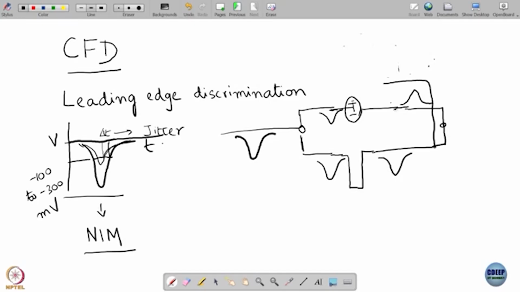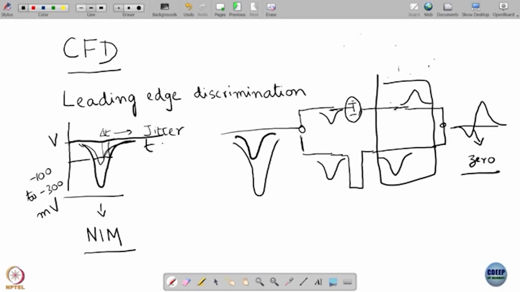You have to add up these two pulses, that will give you the output. What will the sum look like? It looks something like this, right. It will be a zero crossing pulse. Now see, instead of this pulse, if I have a huge pulse, what will the output be? Something like this. Amplitudes will change, but the zero crossing point will not change.